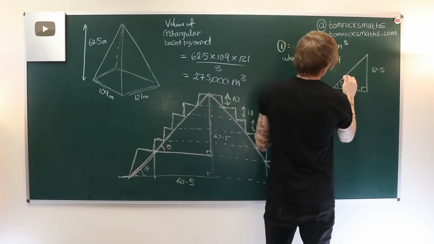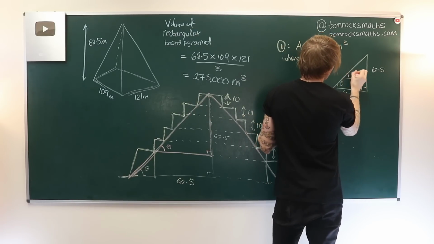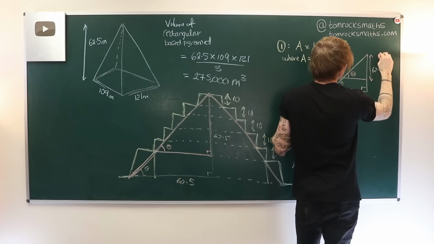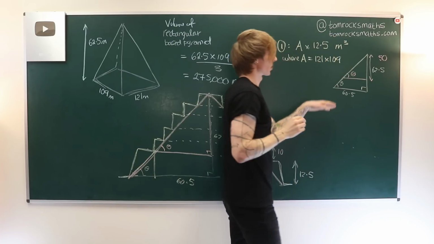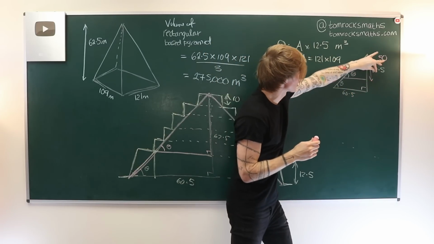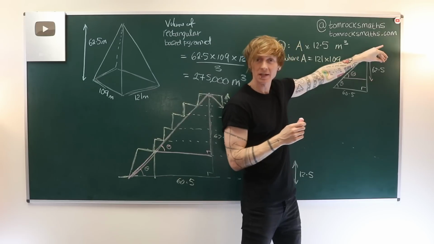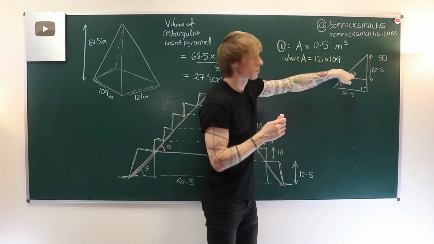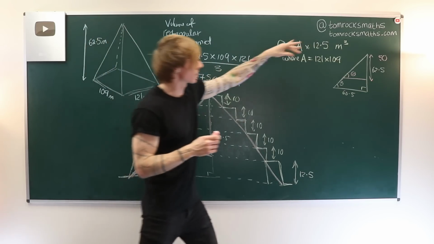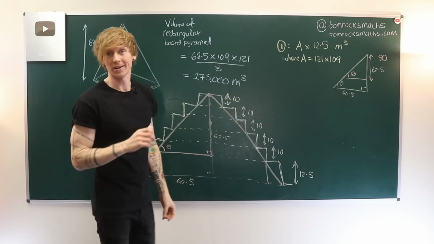So now we've got a triangle over here, the same angle theta. We now know the new height is given by 50. And so by whatever scaling factor we have used to shrink 62.5 down to 50, we know that the base will shrink by the exact same scaling factor precisely because these are similar triangles.